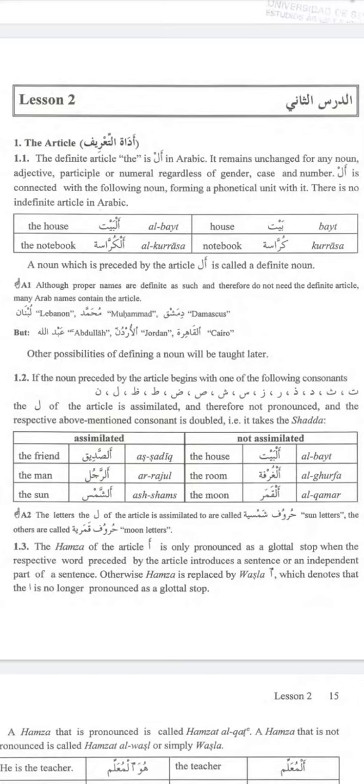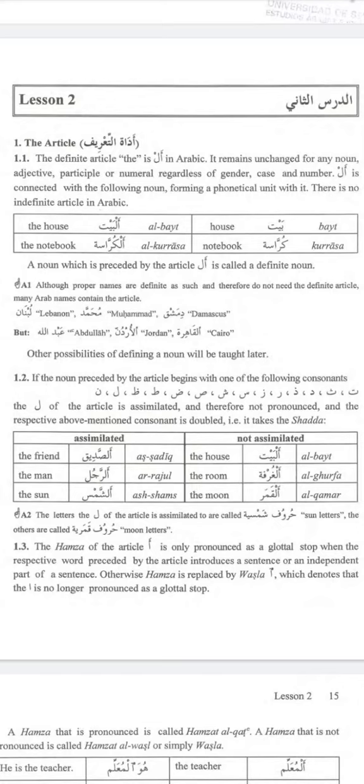So what this part is saying is some proper names are also ma'rifa, and they do not need to carry the alif and lam to indicate their definiteness. Examples include Lubnan, Muhammad, Dimashq, Abdullah, Urdun, Al-Qahira. So Urdun is Jordan, Al-Qahira is Cairo. Other possibilities of defining a noun will be taught later.